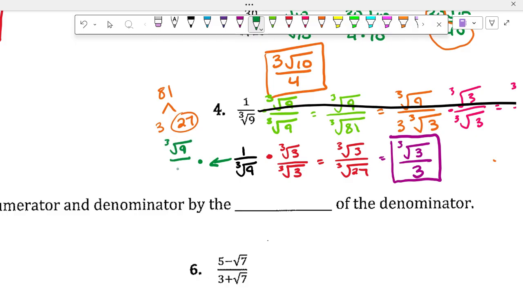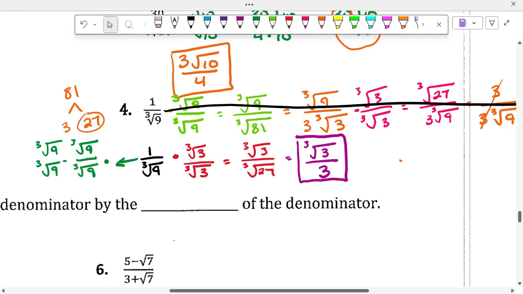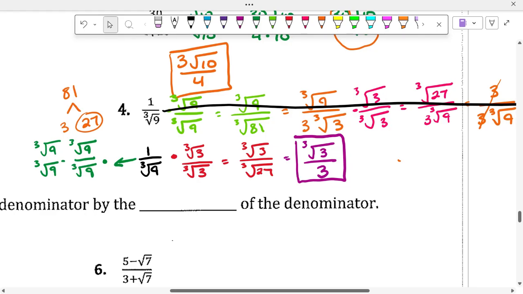So the cube root of 9 times the cube root of 9, cube root of 9. Because then those 3 would cancel out. So it'd be 9 on the bottom. You get the cube root of 81 on top, but then you'd have to simplify it down. You still get the same thing. The easier way is just finding out which number you can multiply to give you a perfect cube.